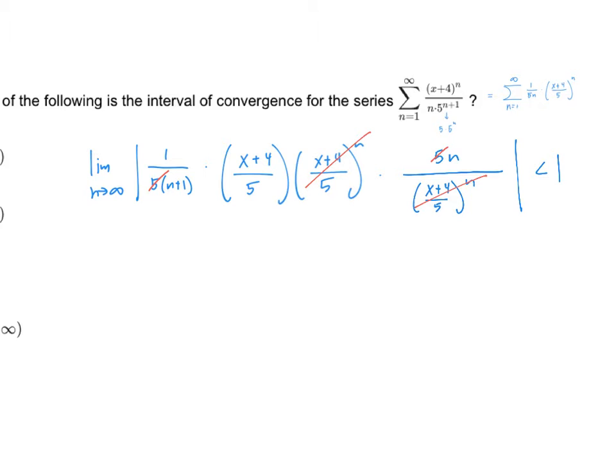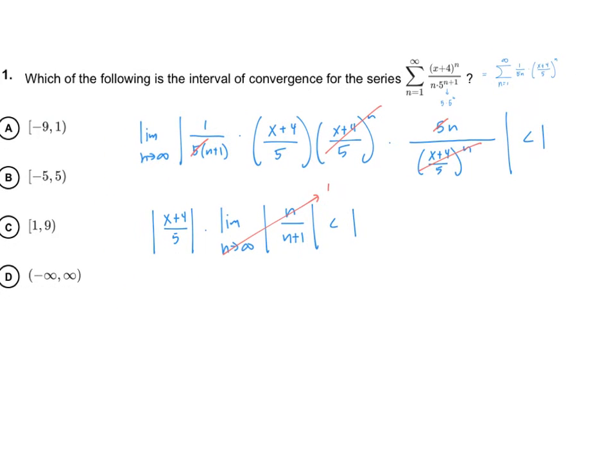Okay, so now we can say, actually, now we'll pull this out. Anything that doesn't have an n in it, we'll pull out. And we just remember we got to keep it inside the absolute value. And then the only thing we're left with is this n and that n plus 1. Okay, this whole limit goes to 1.